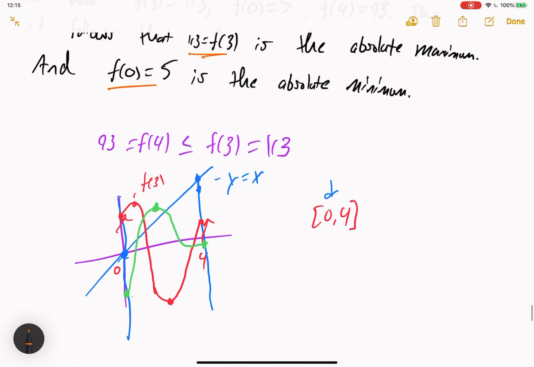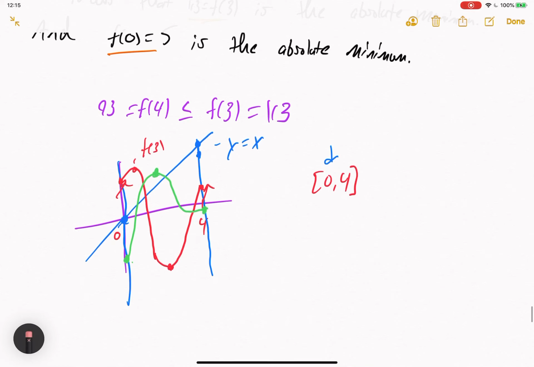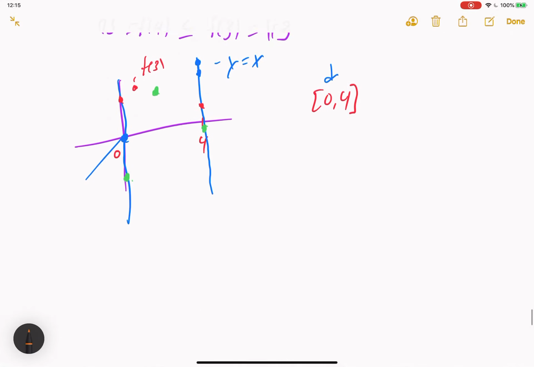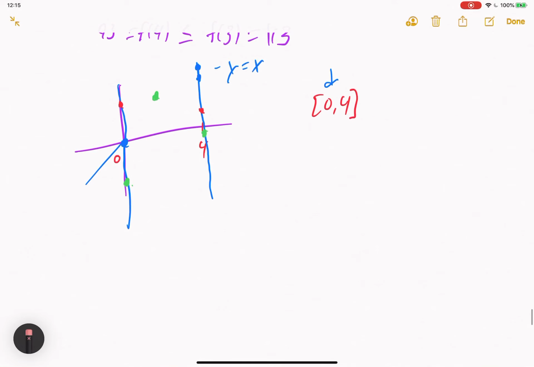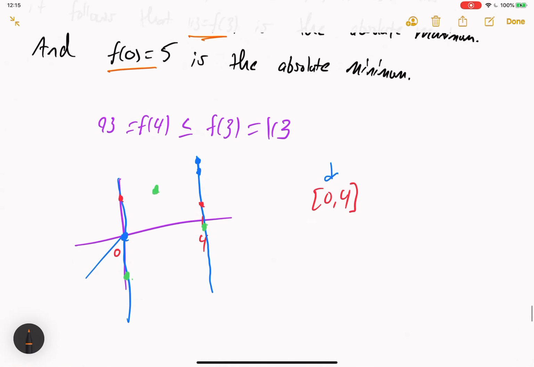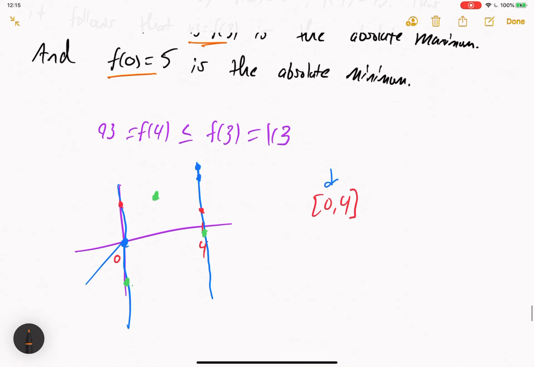And this right here is like a list of possible cases why we have to do such intensive testing. I'm just going to assume this is 0, 4. So in the case that we have right here, f of 0 equal to 5 is going to be our absolute minimum.